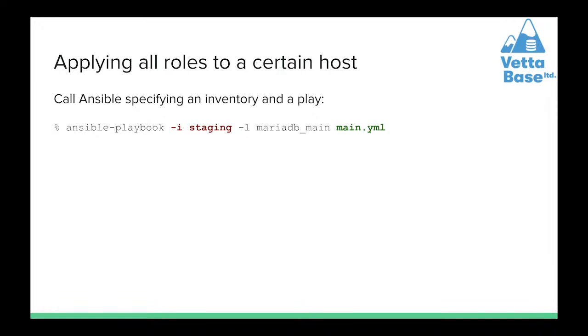In this case, it is a group, and most of the time, it will probably be a group. And then we specify the play to use, because again, the play will associate the group MariaDB main to specific IPs.